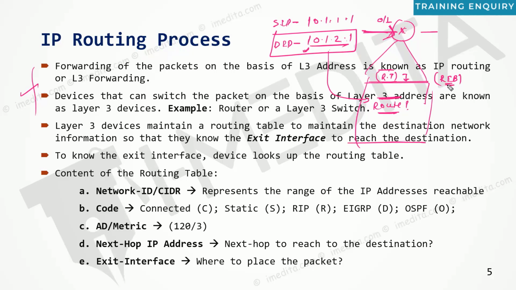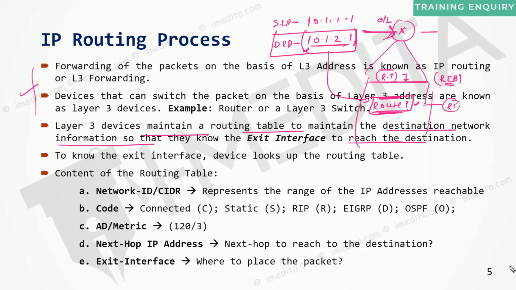It is maintained by these layer 3 devices, where the route information is kept, so that they can maintain the destination network information, like how can I reach that destination.